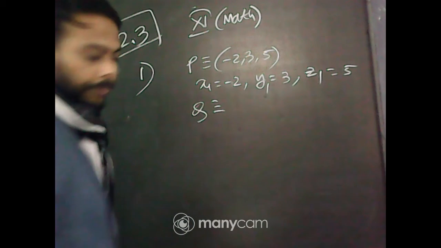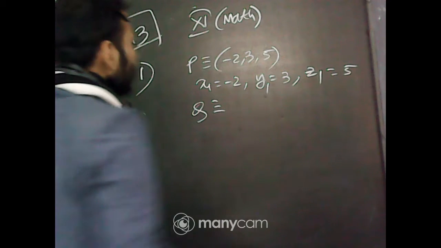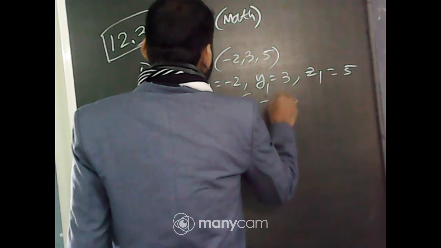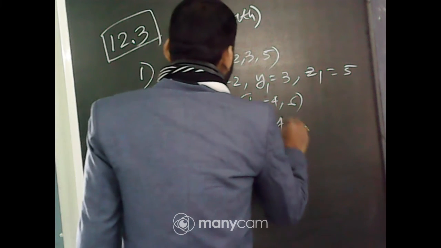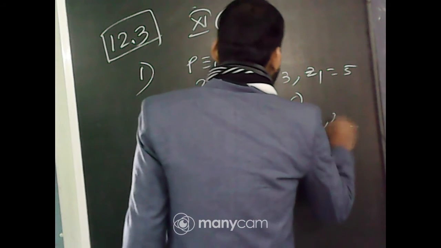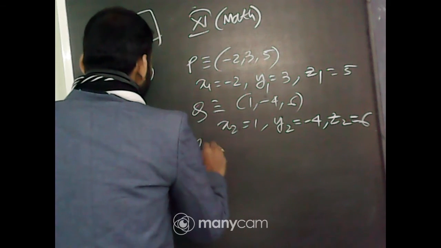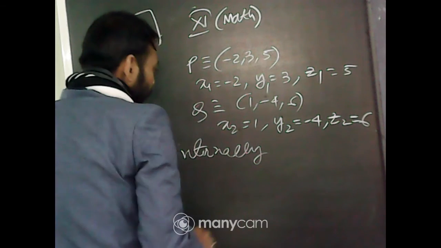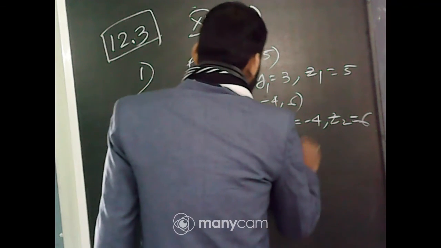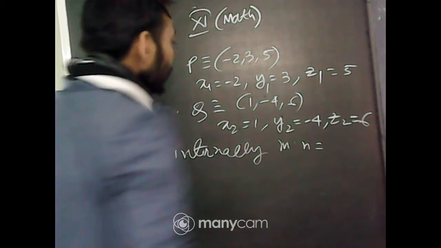Q is 1, minus 4, 6. So x2 is 1, y2 is minus 4, z2 is 6, and in the ratio internally m is to n is 2:3.